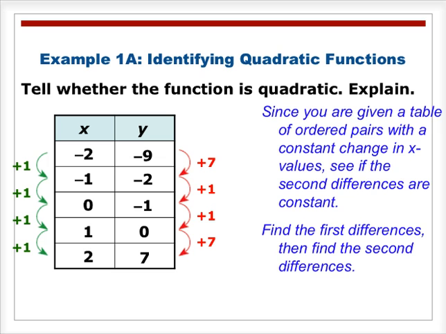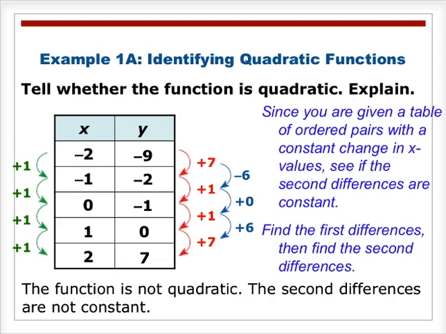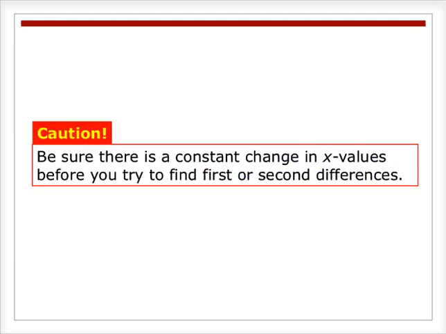But that's just the first difference. Let's check the second difference. The second difference is -6, 0, 6. Well, that's not constant, so this is not a quadratic. The second differences are not constant. We always want to double check that we have a constant change in the x values, because if there's no constant change in the x, don't even bother checking the y. It's not going to be a quadratic.